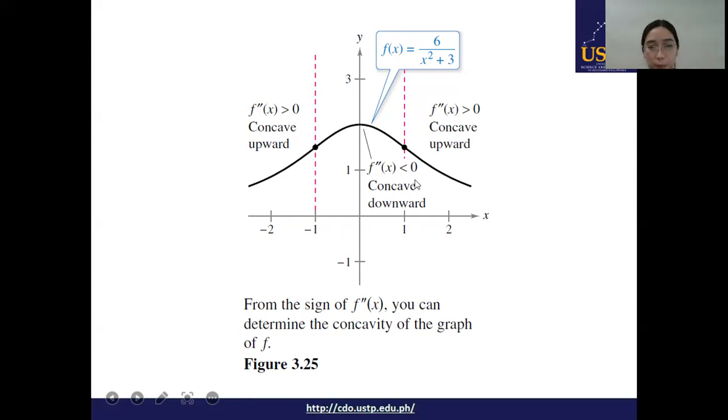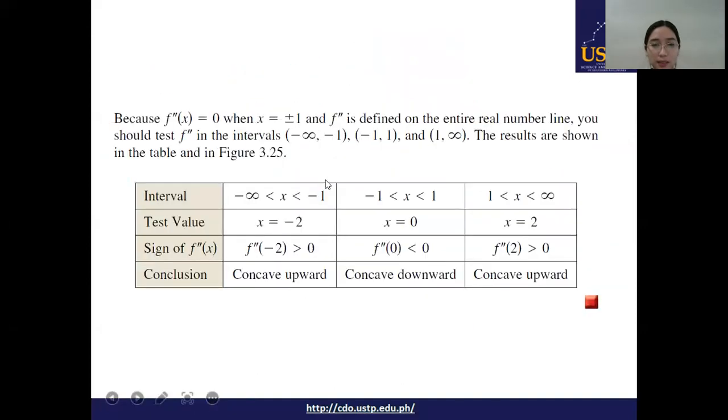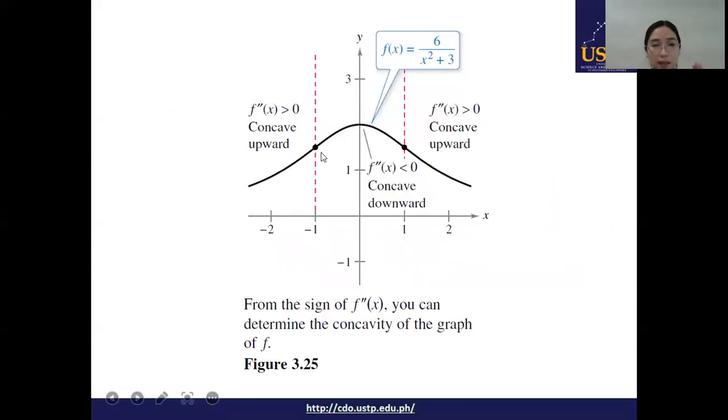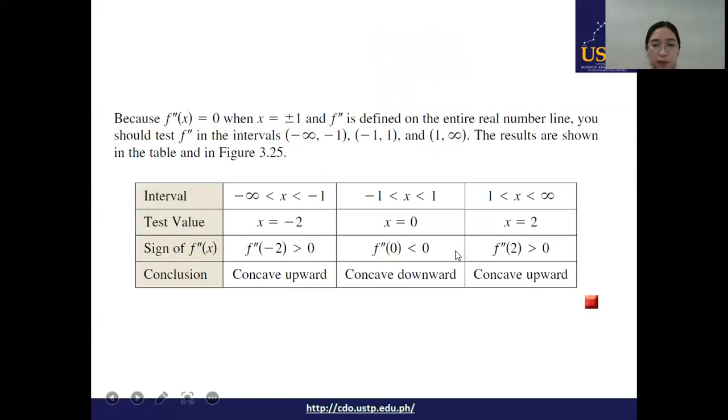Then here, f double prime of x is less than 0, which is concave downward. Okay, so we can see based on our signs here, from negative infinity to negative 1, then from negative 1 to positive 1, the concavity is downward, then from positive 1 to infinity, concave upward.